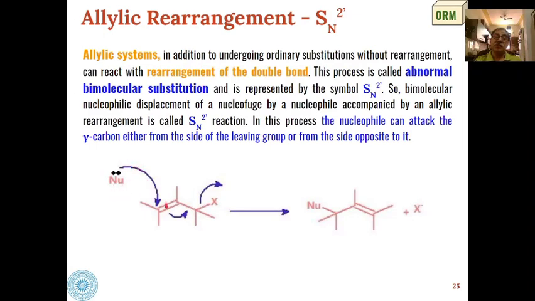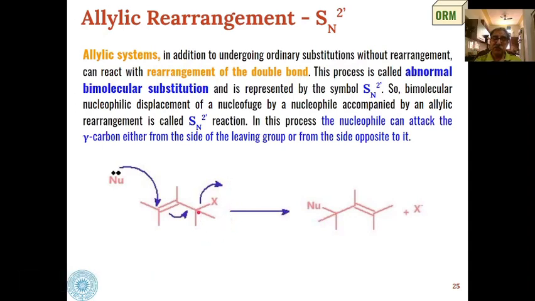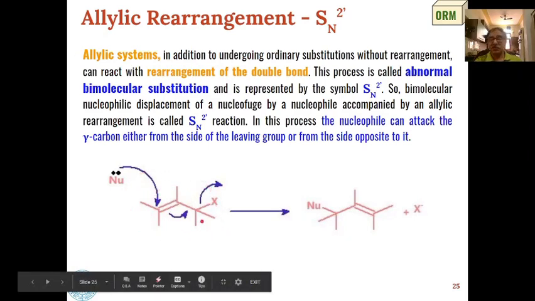So if a normal SN2 reaction is to take place, then nucleophile will get attached to this carbon only. Whereas we can see in these types of cases in allylic systems, the nucleophile gets attached to a carbon other than to which the leaving group was attached.